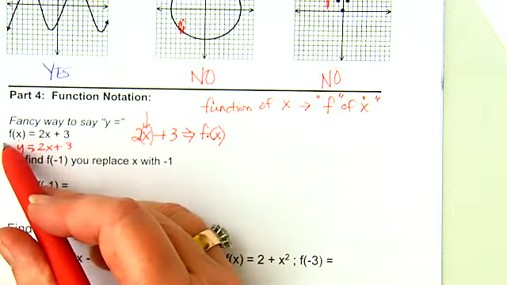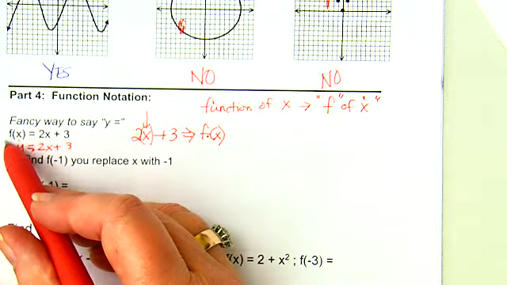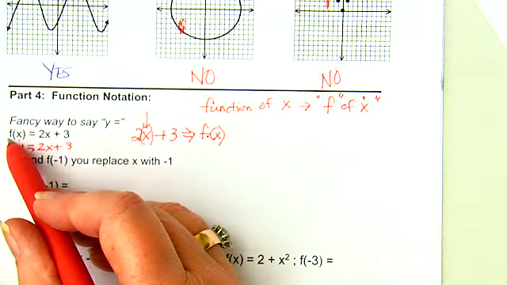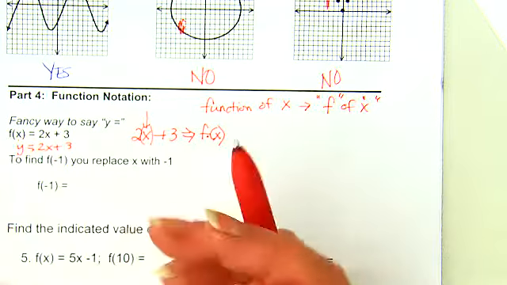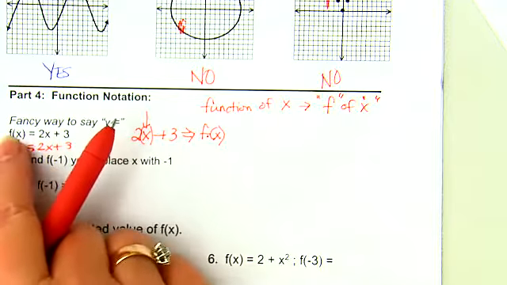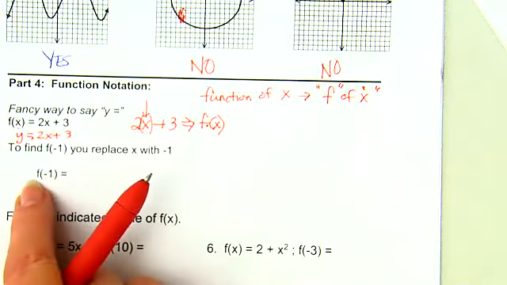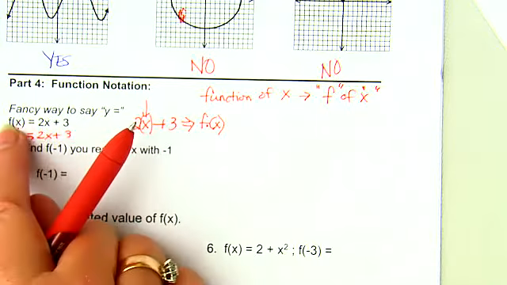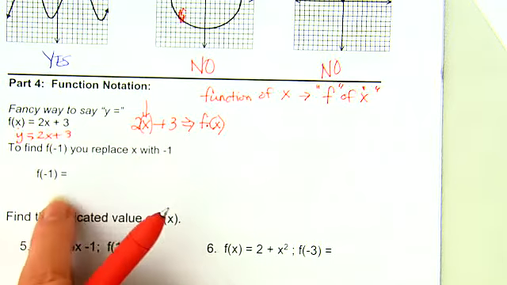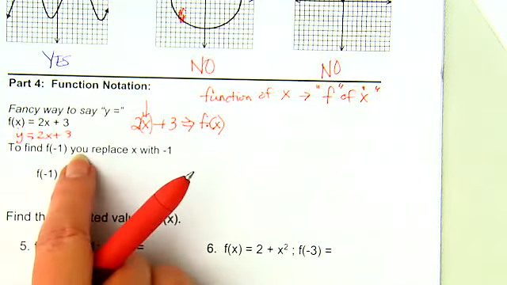Now they generally use the letter F, but they might use the letter G, H. F, G, H, they start at that place in the alphabet. So this function is F, and here it is, f of x is 2x plus 3, and I want to find the value.